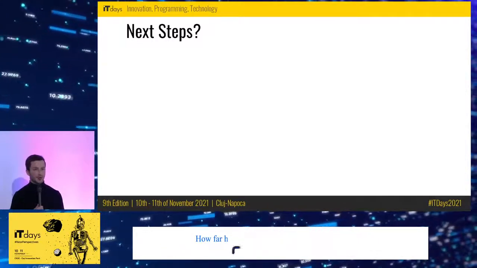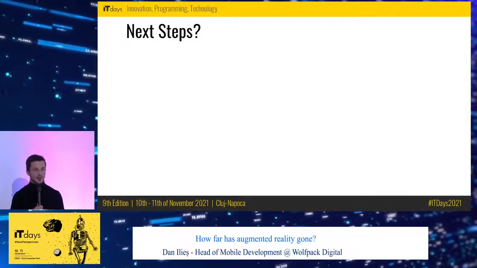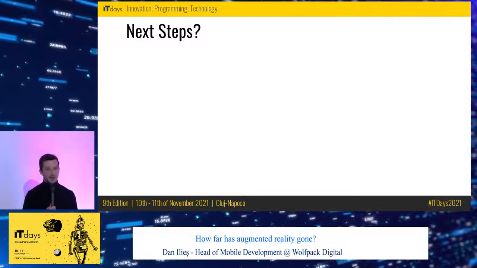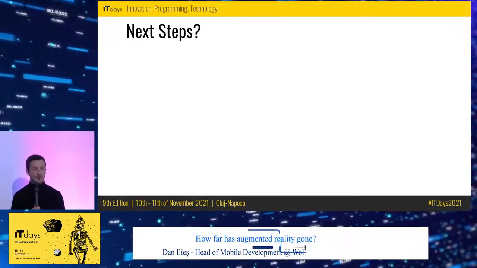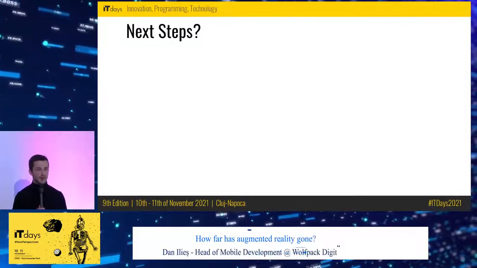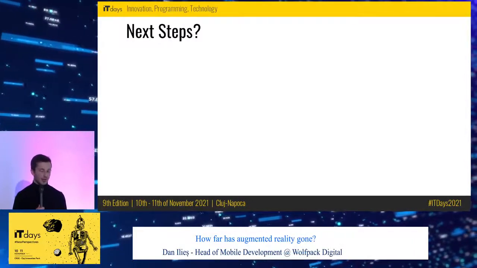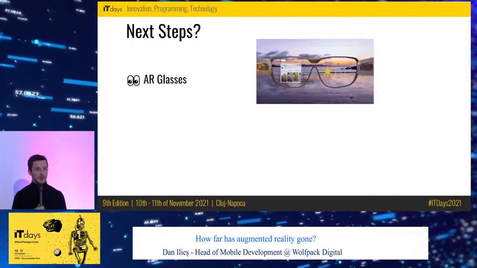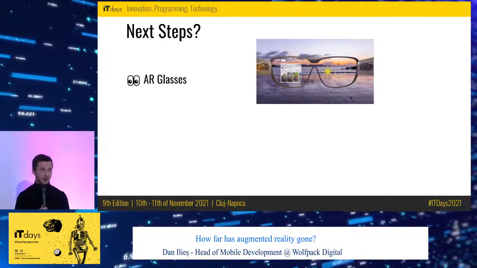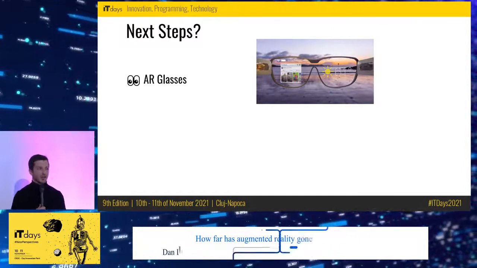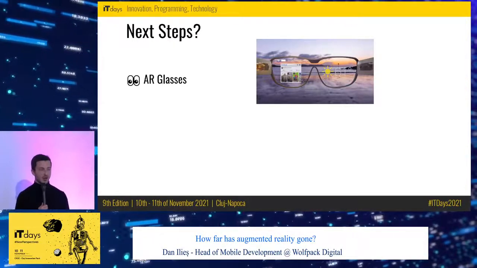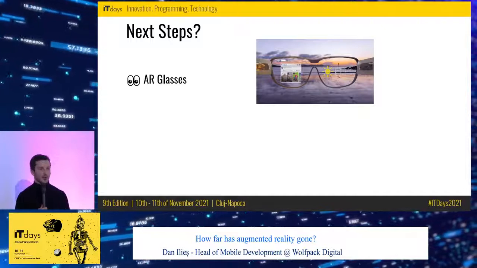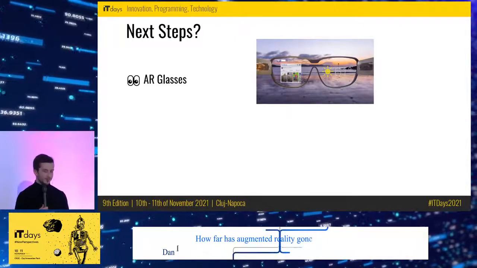So looking into the future, what would be the next steps? Well, as we saw today, most of the AR apps were used on our phones, so we have to point our phone around in order to see them. But probably something that would take things to the next level would be augmented reality glasses, which would make the experience much more natural, and you'll have everything on your lens without having to point the phone around.